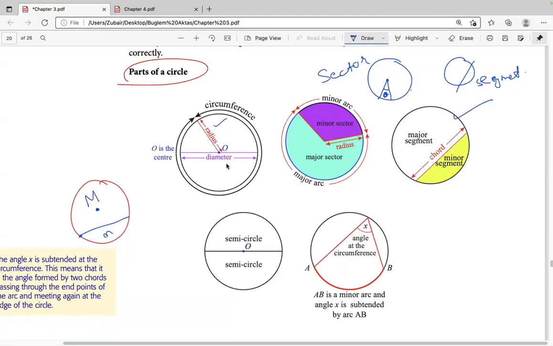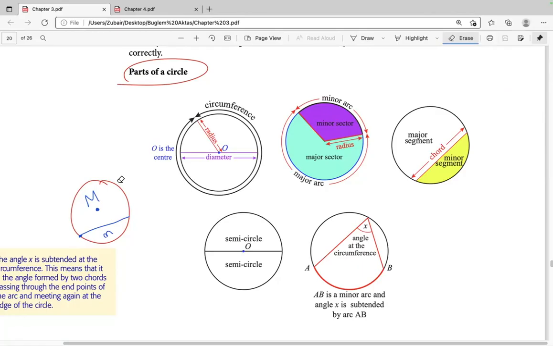So we have radius, diameter, circumference, and the center of the circle. Then we talk about sectors and segments, major and minor, as the words explain, smaller and larger in size. It is always less than 50% or more than 50%.